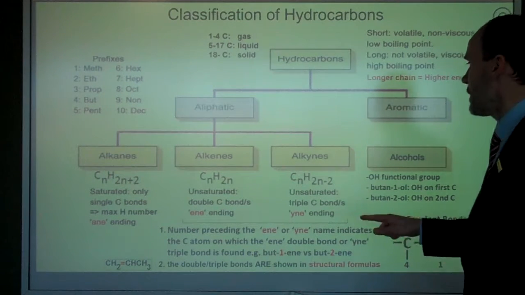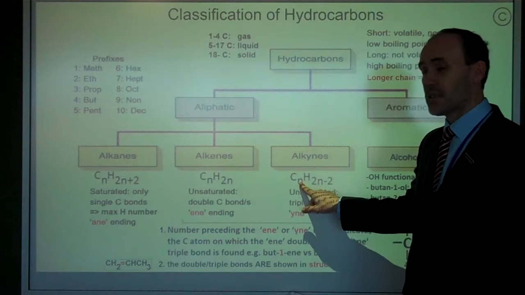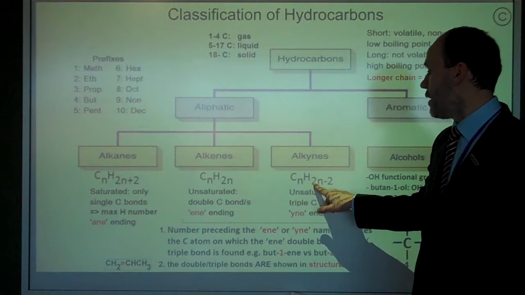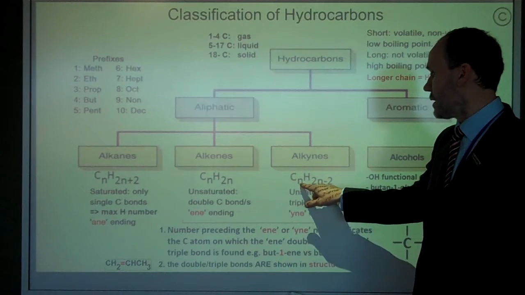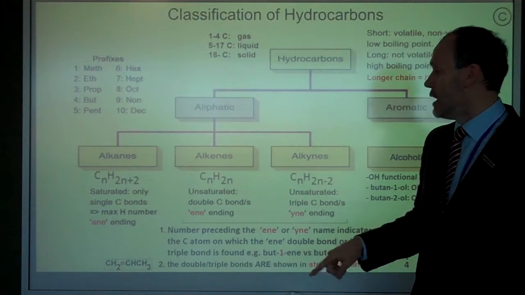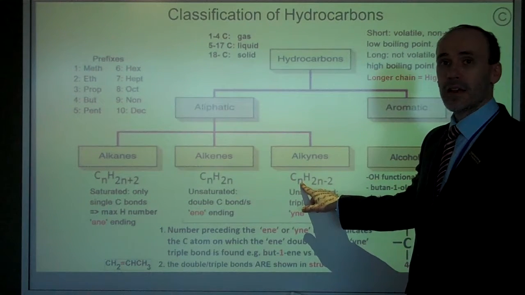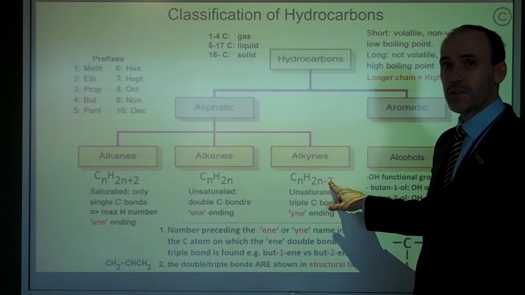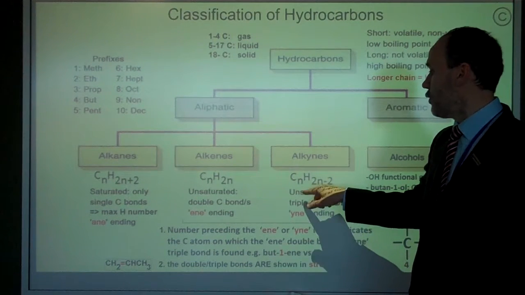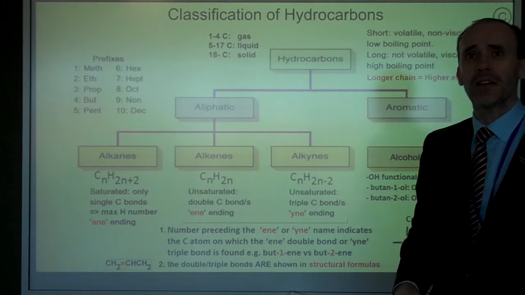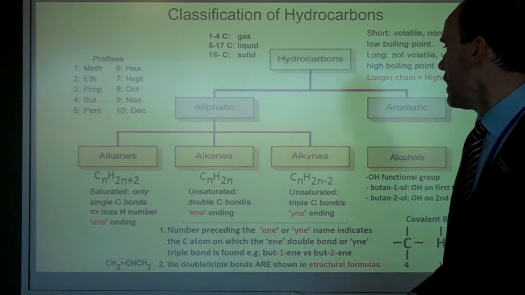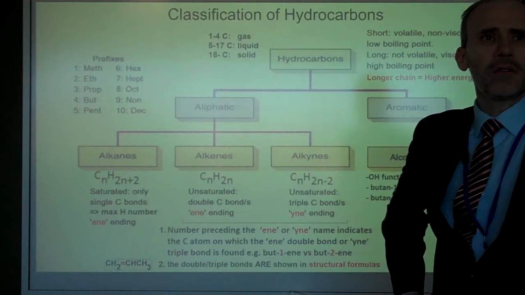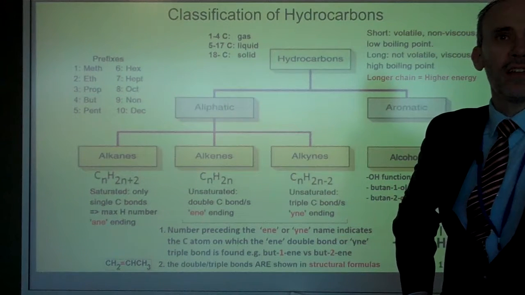And that's the formula that we use to calculate, where n is the number of carbons, and the number of hydrogens will be 2 times the number of carbons minus 2. If I have 10 carbons, I have 2 times 10 is 20, minus 2 is 18. So I'd expect the formula to be C10H18 of that particular hydrocarbon. What would be the name of C10H18?